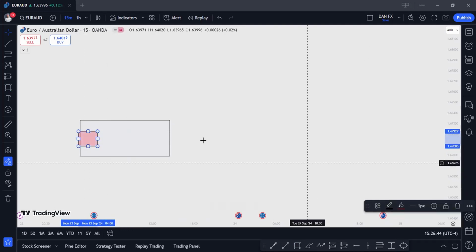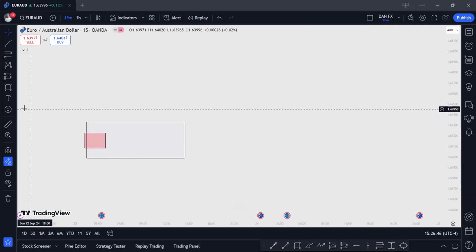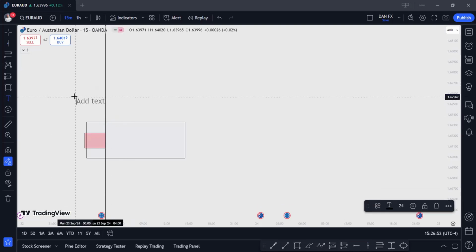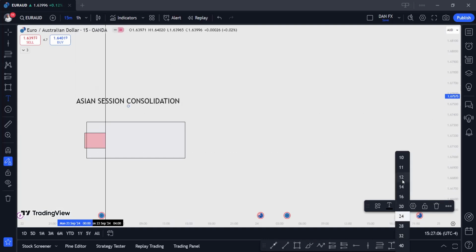Let me change this to red. So the first 3 hours is going to be your Asian session consolidation. Right, so the first 3 hours is going to be your Asian session consolidation.